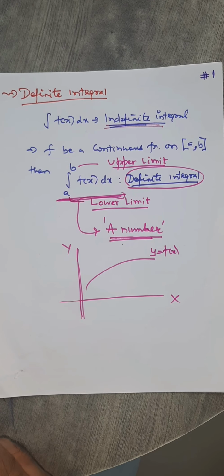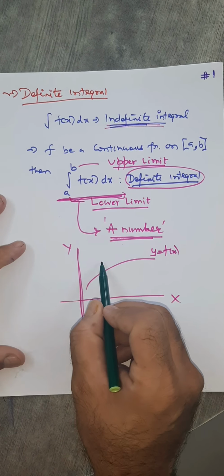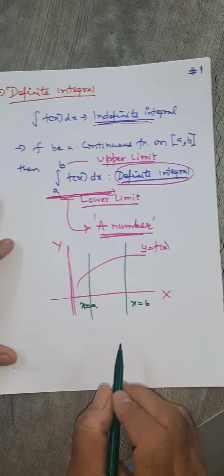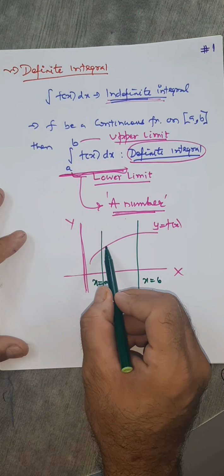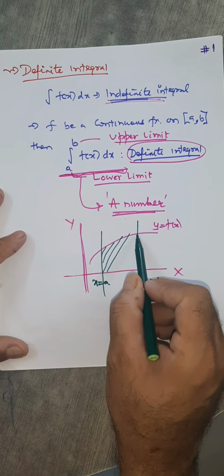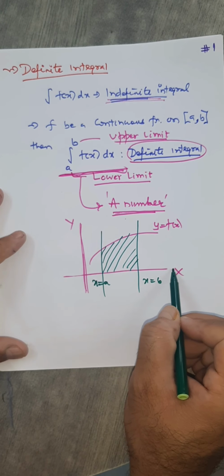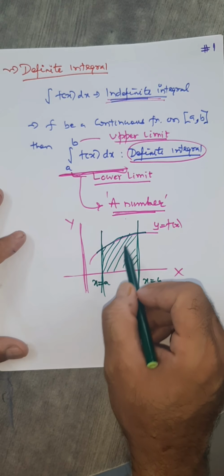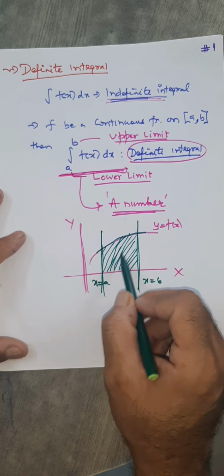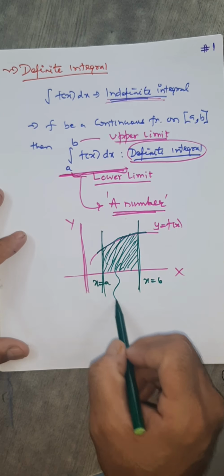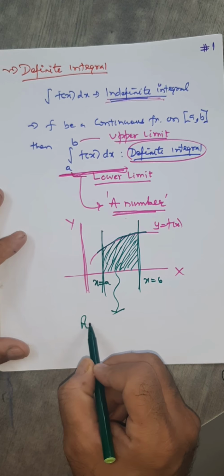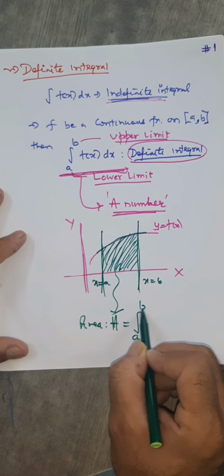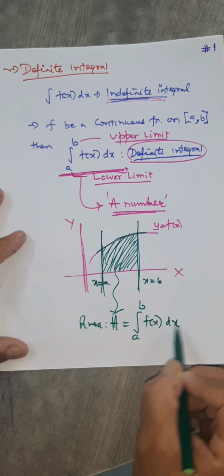If I consider the vertical line x equals a and the vertical line x equals b, then this is the region bounded by the x-axis, the function y equals f(x), and the lines x equals a and x equals b. The area of this region is given by this definite integral a to b f(x) dx, remember.